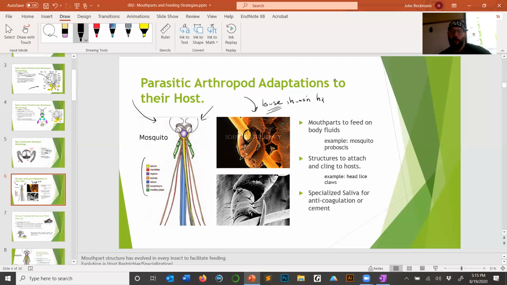So a good question is, if you take a louse that's evolved to hold on to human hair and put it on a different creature, can it survive and hold on?